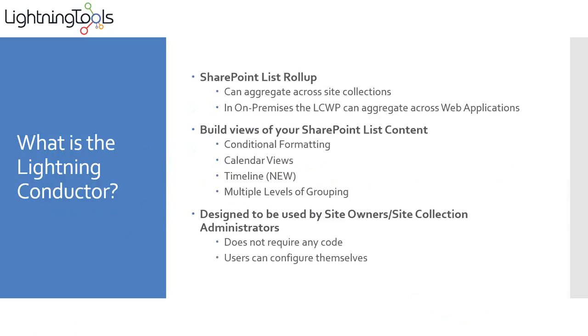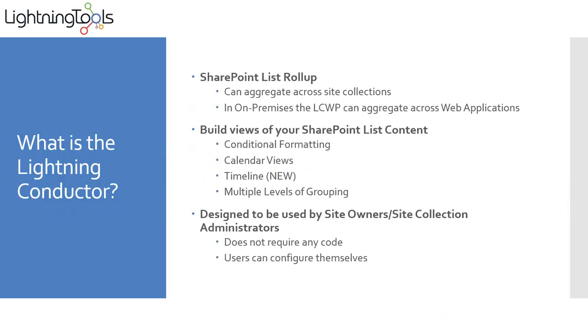We can aggregate within the current site collection. We can also go across site collections, even in your Office 365 environment. Okay, there's the content by search web part that does the same thing. You can aggregate across site collections using the content by search. One of the issues with that is when it comes to styling.